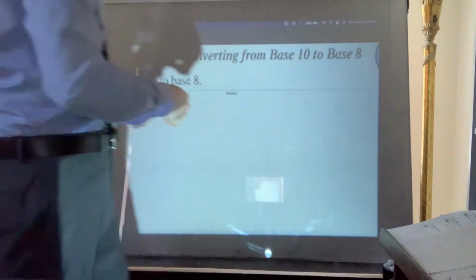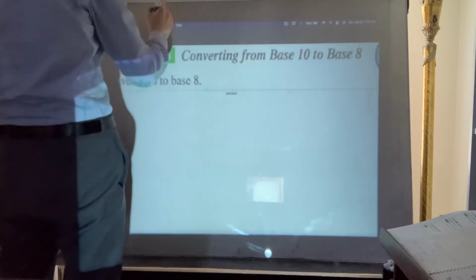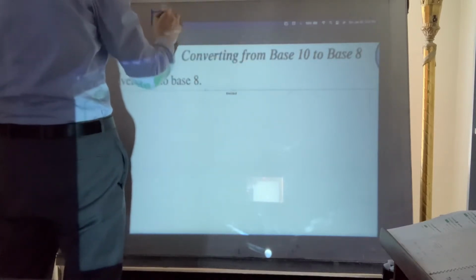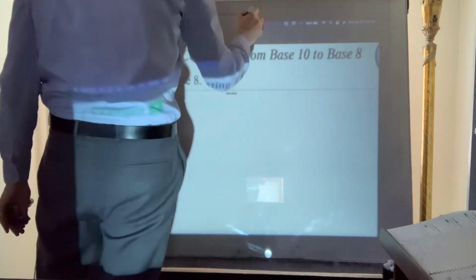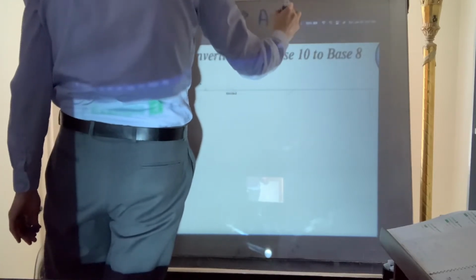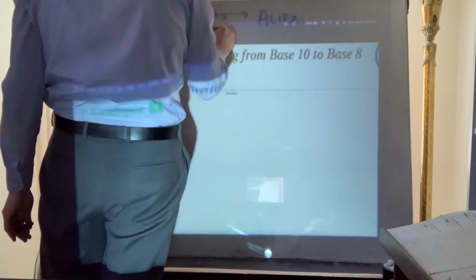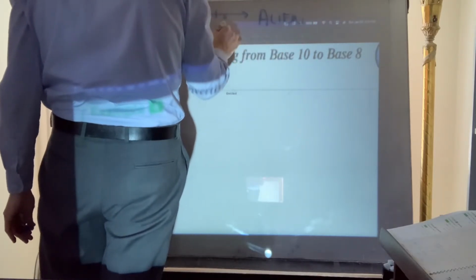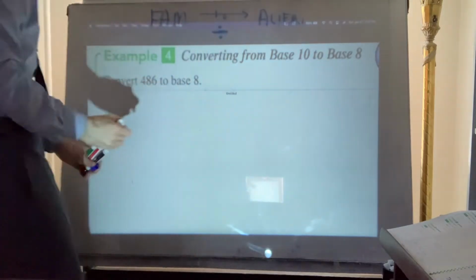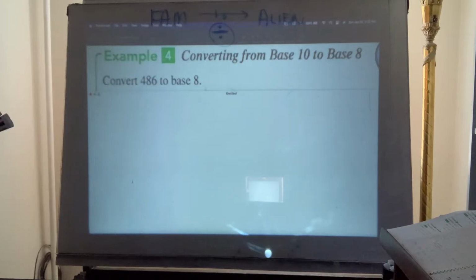Remember, if you're going to start with what is essentially the familiar system and you're going to convert to an alien system, because it's the opposite train of thought, remember that ultimately you're going to be dividing.